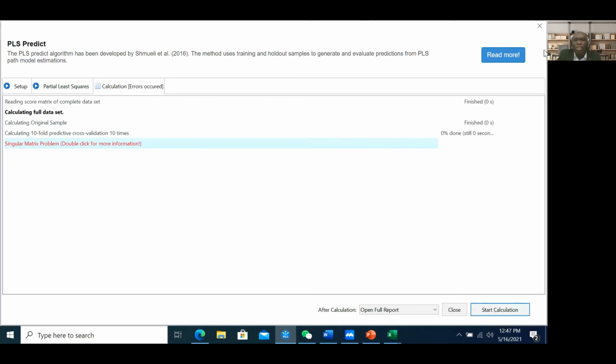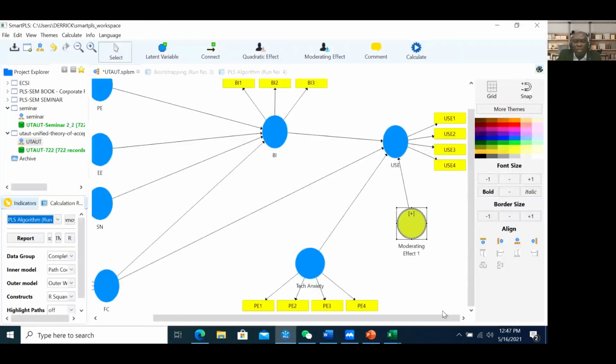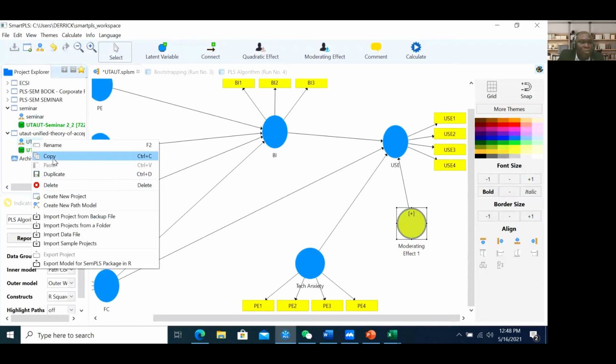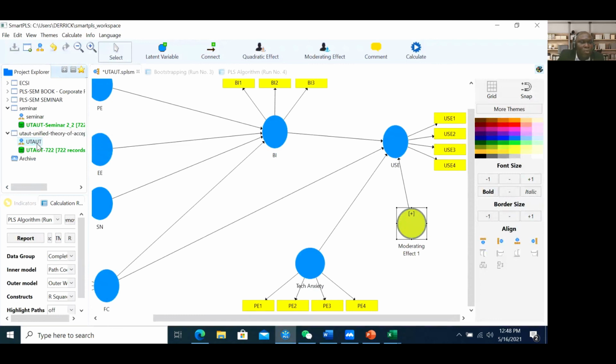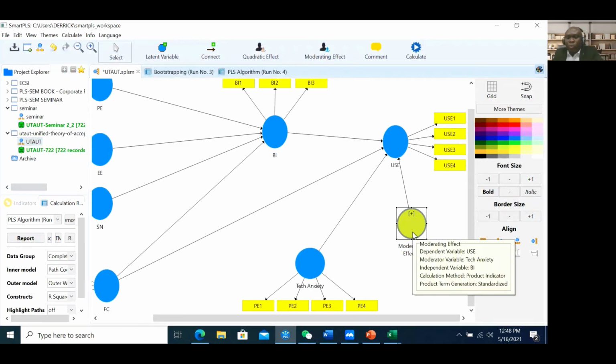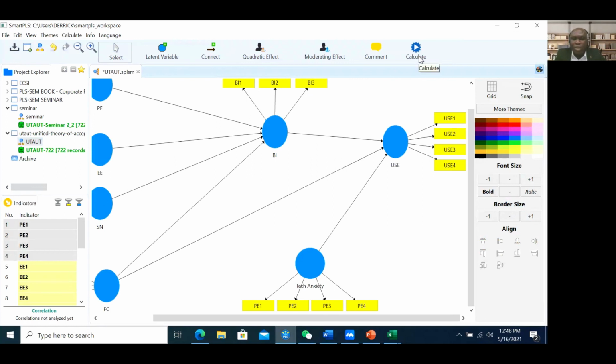So there's a singularity matrix problem, so we can't run the PLS Predict. Oh, sorry, I didn't notice this. Let me see it. Okay, so we have an issue of singularity. Let me delete this and see.